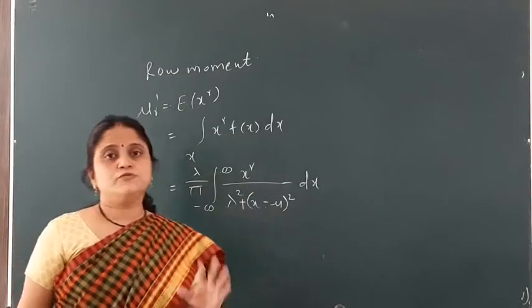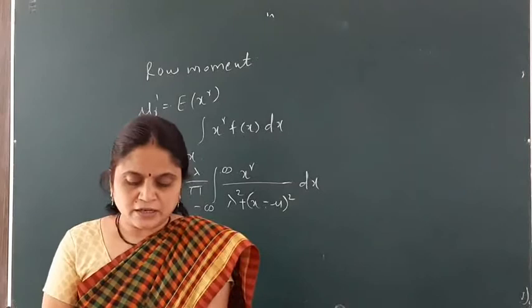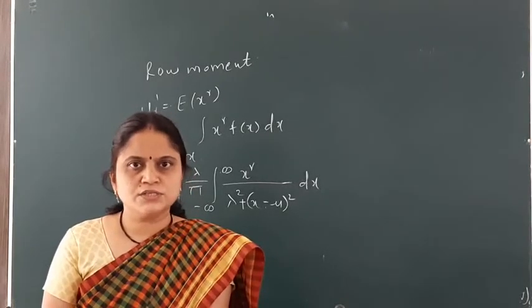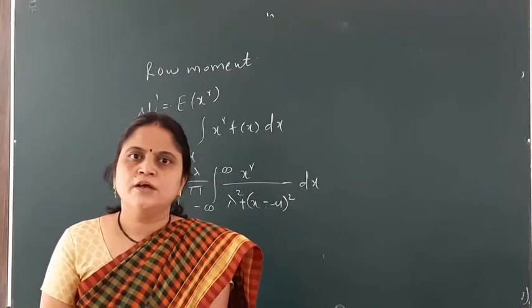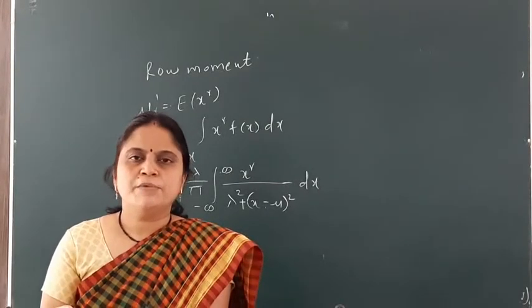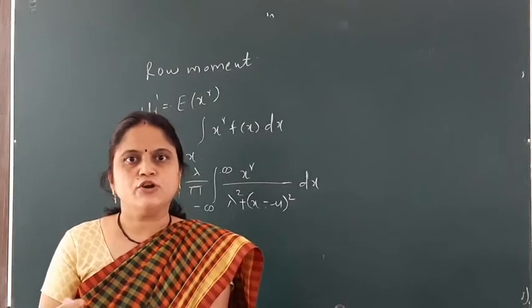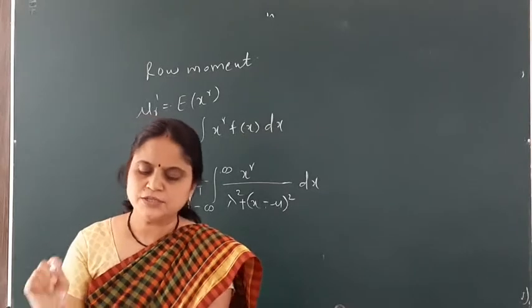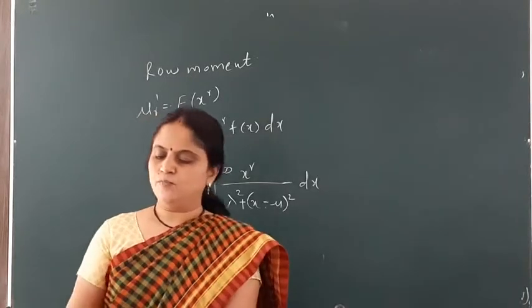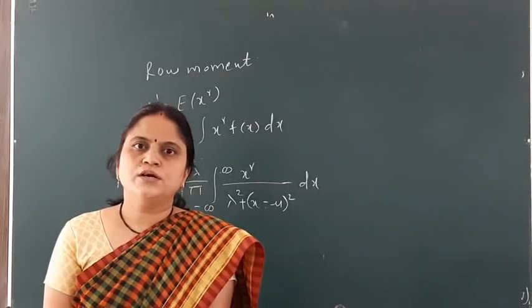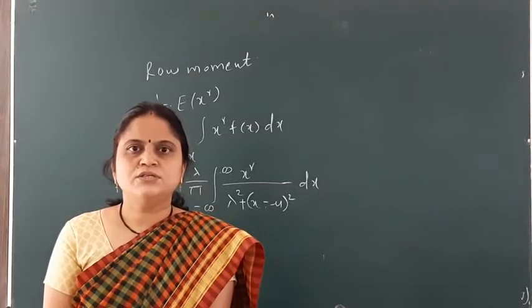So the integral is a divergent function. Only if the integral is convergent can we find the integration, that is the basic rule of finding integration. But since the function is divergent, we cannot find the integral of this function. That means we say that raw moments about origin do not exist.